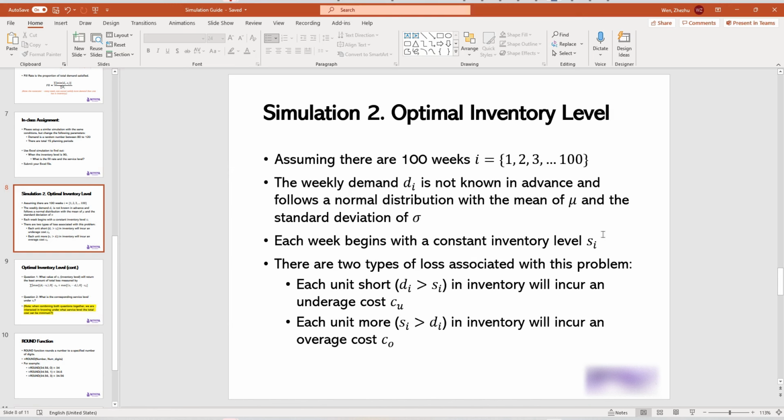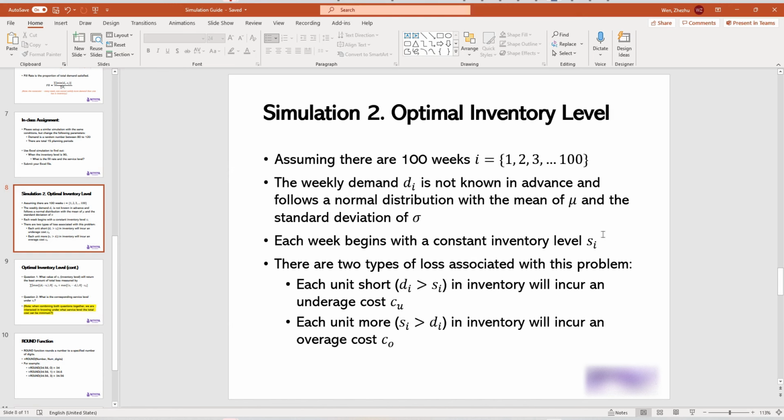So lastly, there are two types of loss associated with this problem. When your demand is greater than the supply, or greater than the inventory, that will incur an underage cost. Think about what that means. When your demand is bigger than the inventory, you're likely hit by a stock out situation, right?